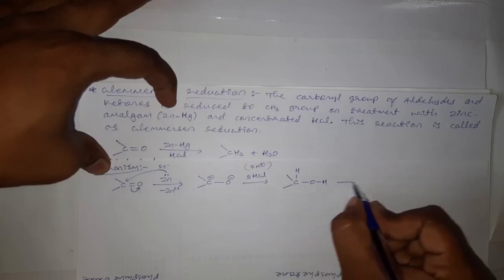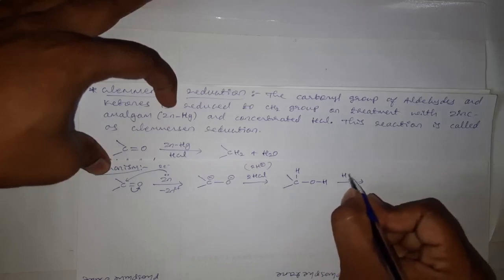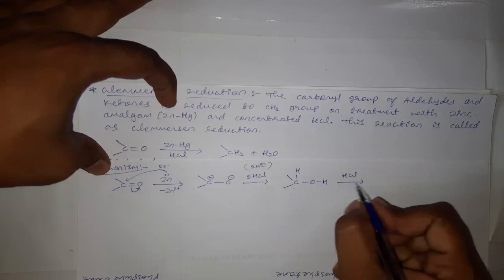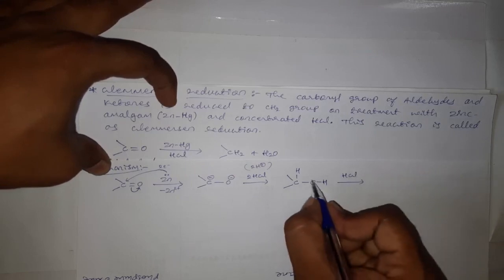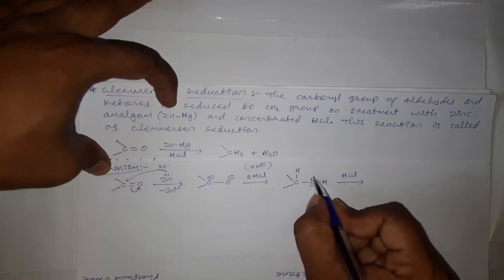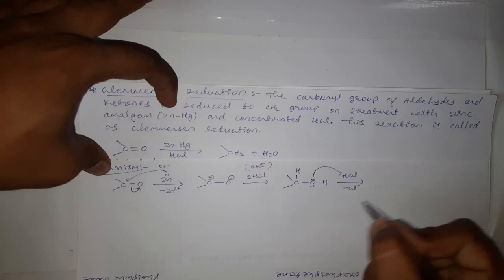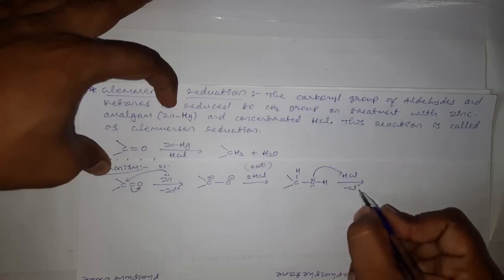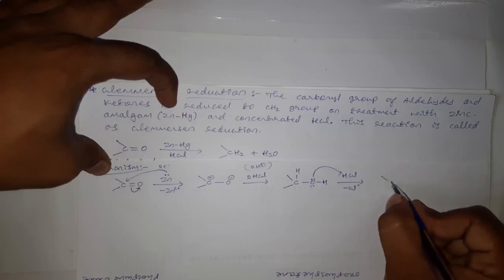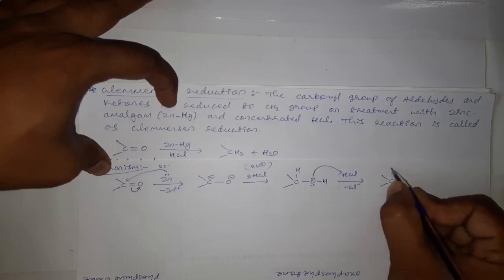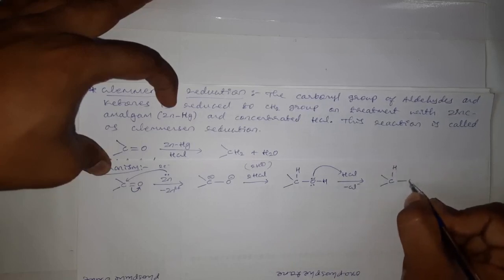And when it is treated with one more molecule of hydrochloric acid, that is HCl, the lone pairs of electrons on this oxygen will abstract this hydrogen, and the Cl goes out as Cl minus, and we will get C, H, OH2.